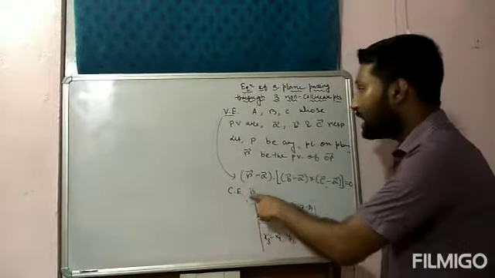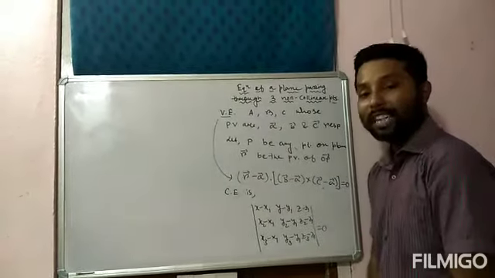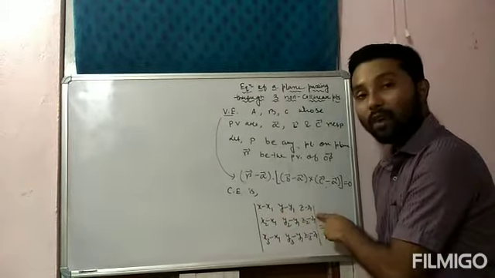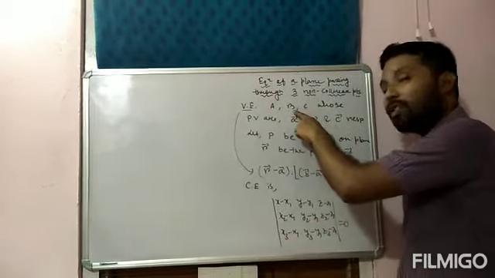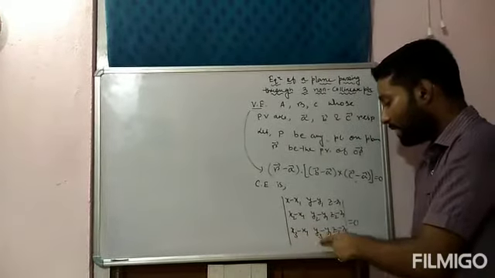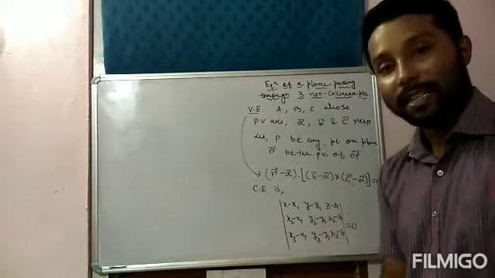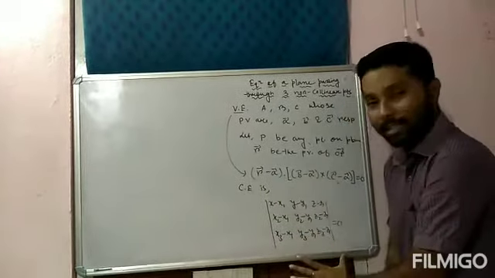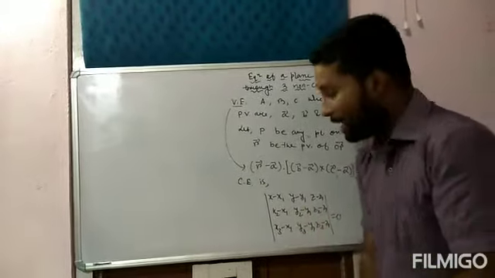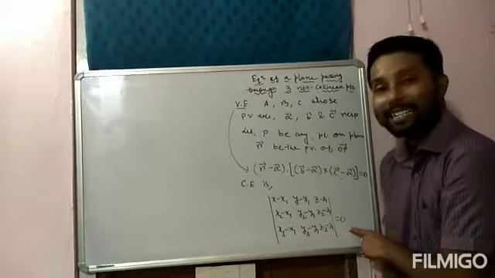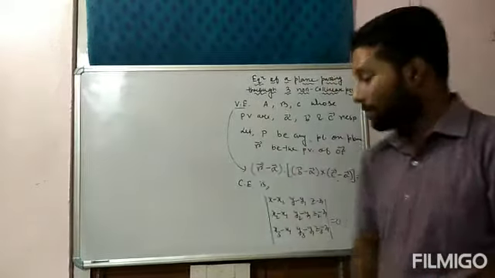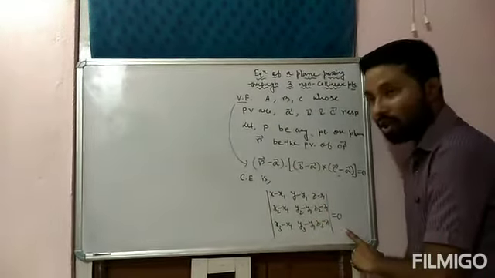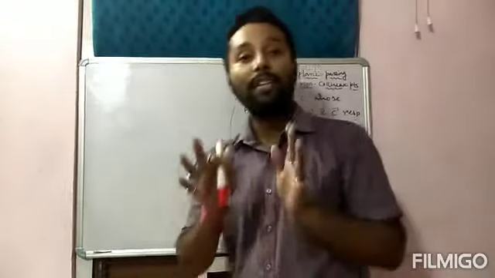This is the Cartesian equation of the plane passing through 3 non-collinear points, where x1, y1, z1 are the coordinates of A, x2, y2, z2 are the coordinates of the point B, and x3, y3, z3 are the coordinates of the point C. After expansion, if we get exactly 0, then we can say that the 3 points are collinear.